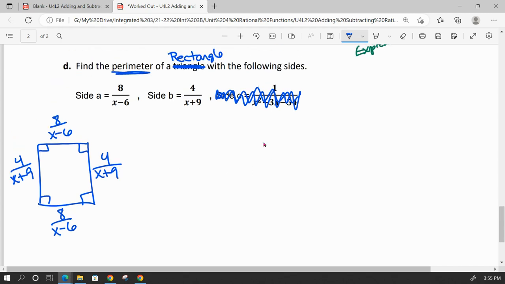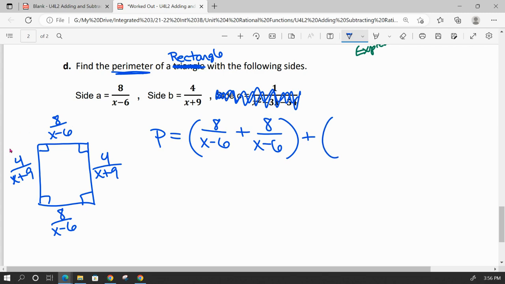Now let's look at what we're trying to find. We're trying to find the perimeter. The perimeter means that you add all of the sides together. Since the opposite sides have the same denominator, it would make sense to add the opposite sides together first. So I'm going to add the 8 over x minus 6 with the other 8 over x minus 6.